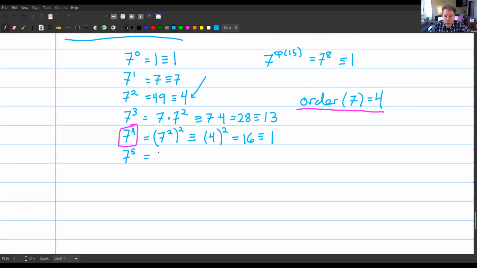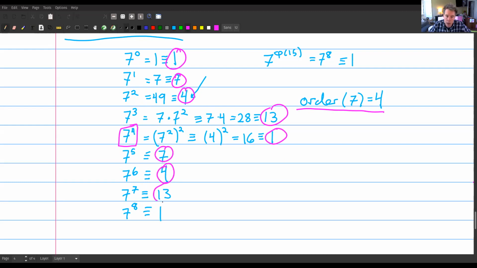So the pattern begins again. 7 to the 7th is 13, and 7 to the 8th is 1. So there's a pattern: 1, 7, 4, 13, 1, 7, 4, 13, 1, and so on.